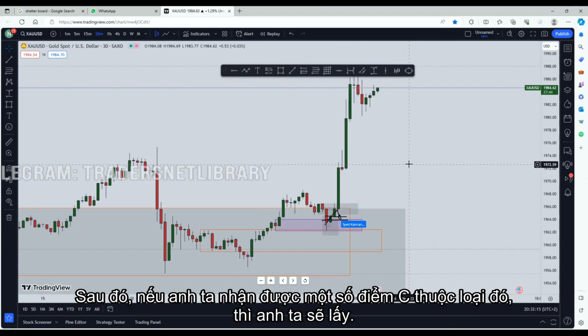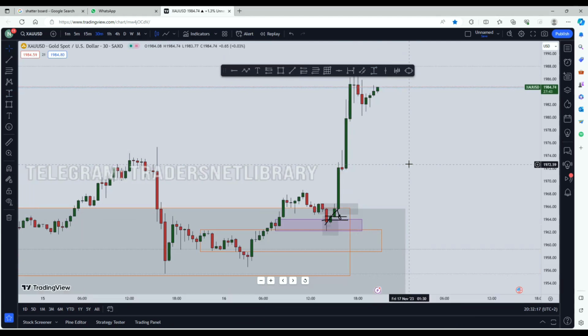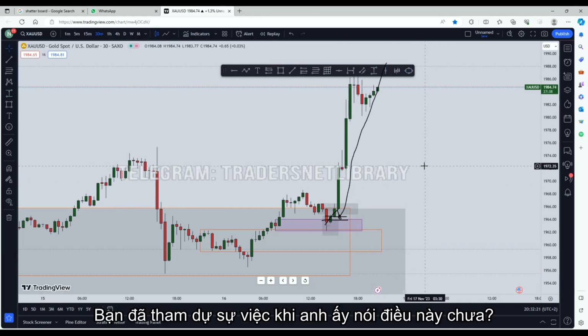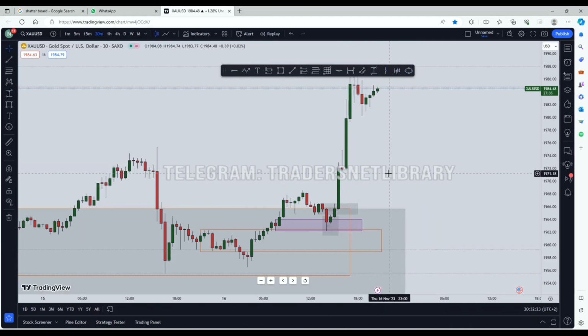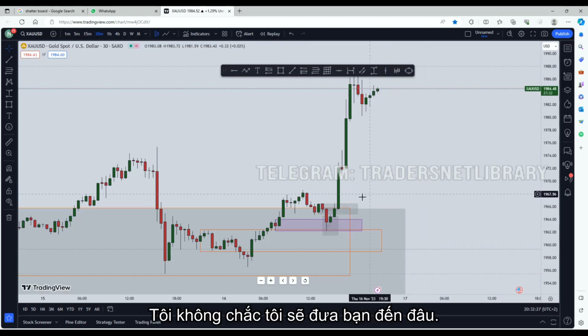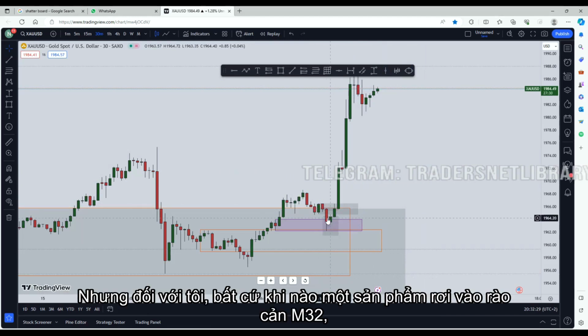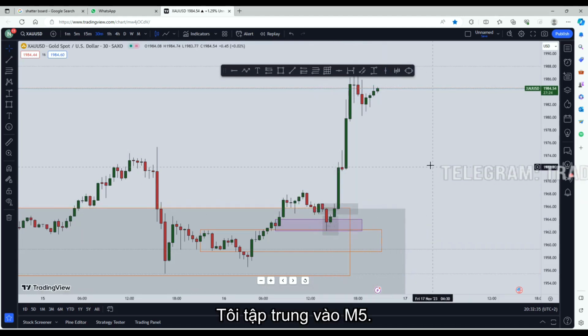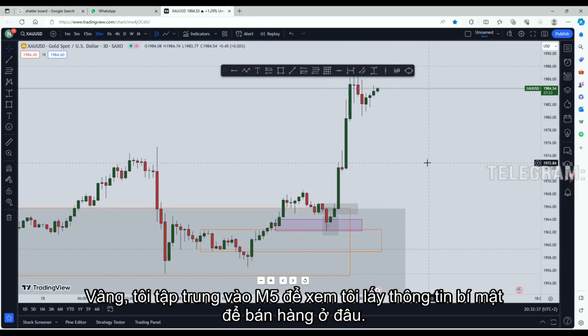Then if he gets some C of that sort, then he will take. Have you attended the thing when he told this? I'm not sure whether I get you, but for me, whenever price gets into M30 roadblocks, I focus on M5.